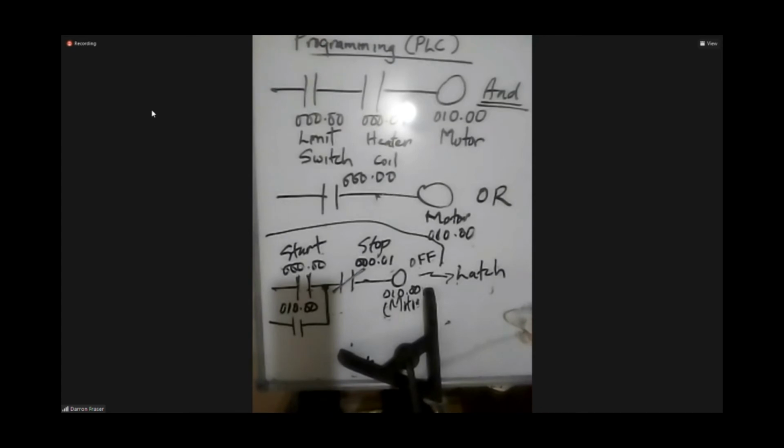The program that we want to write is: when the start switch is pushed, the inlet valve turns on, it stays on until the limit switch is triggered, and then it lets the water out of the outlet valve. So we want to write that code now.